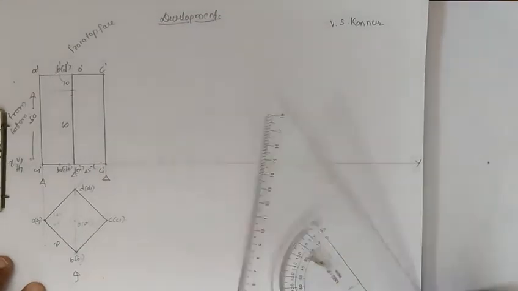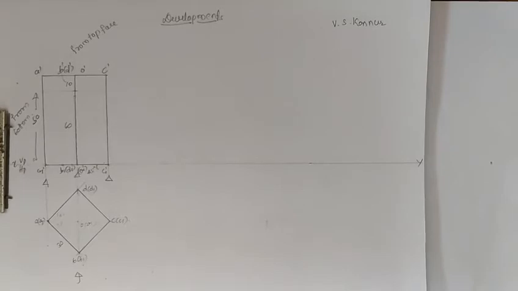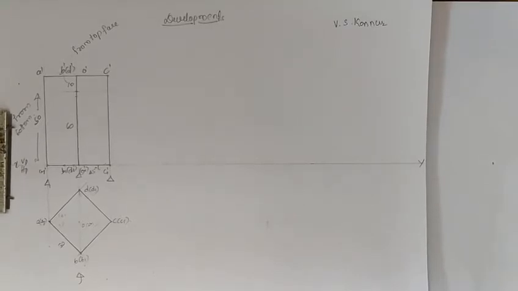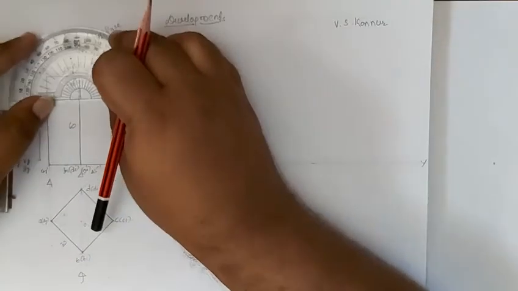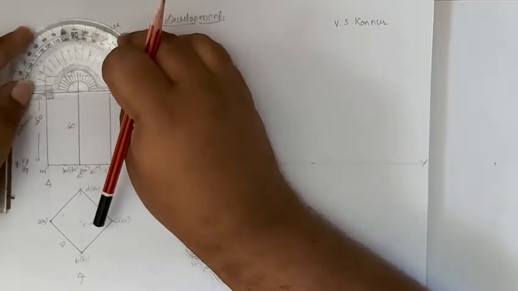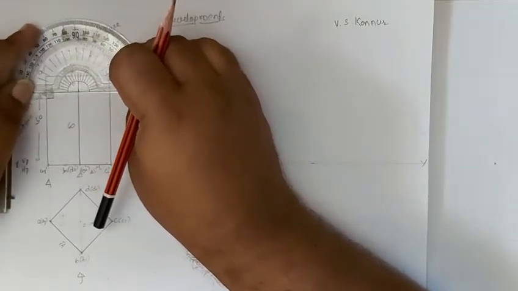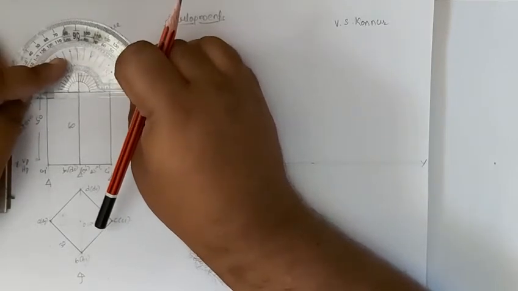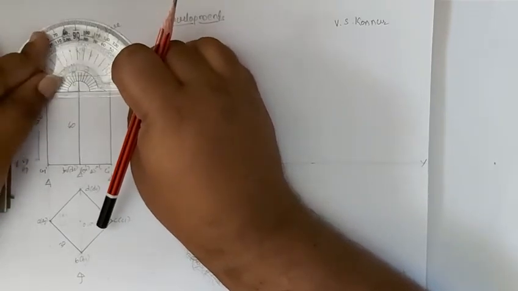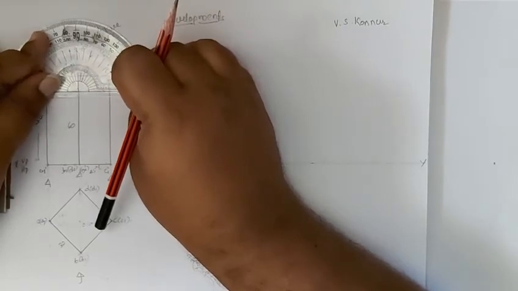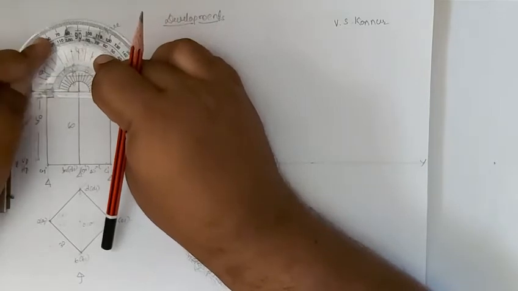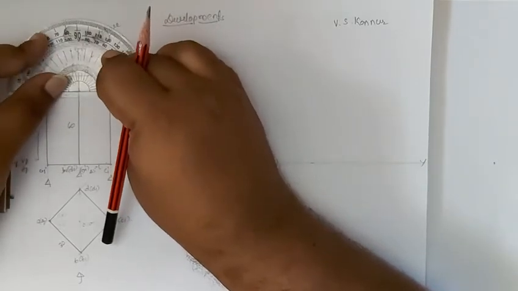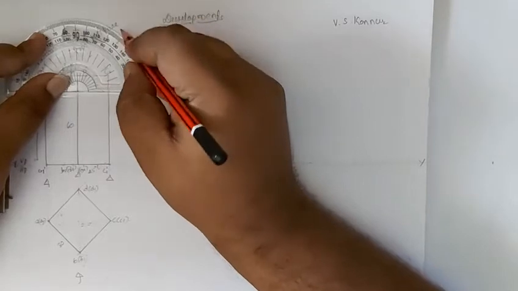And you have to take 60 degrees from this, which is inclined to HP. 60 degrees from that point, and it should be inclined to the horizontal plane. Now we'll take 60 degrees from this point, right. Now I'm taking 60 degrees from this point.